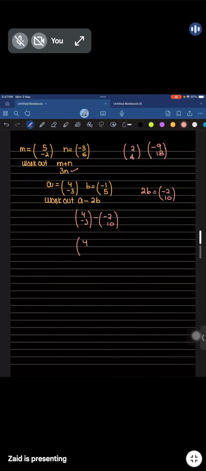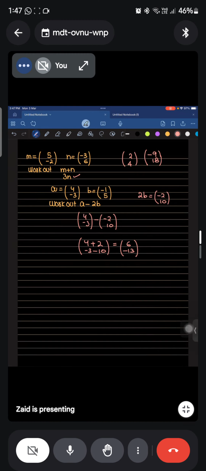So it's 4 minus minus, which is plus. Adjacent with adjacent one. And minus 3 and minus 10. So it's 6 and minus 13. I hope it's clear. Yes, sir.